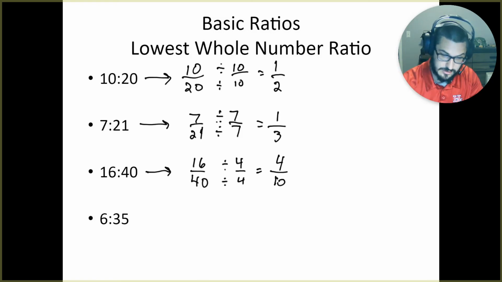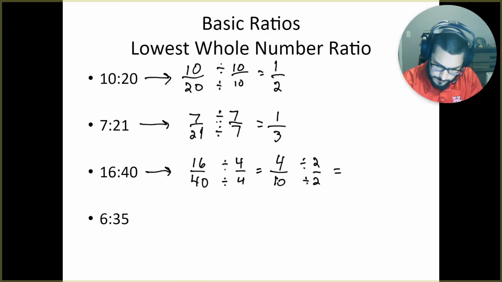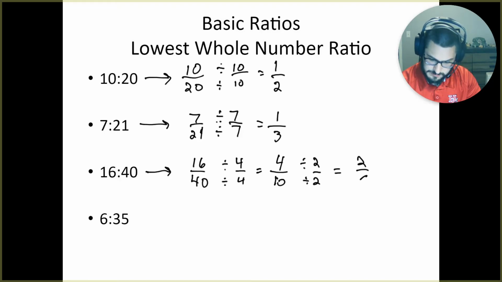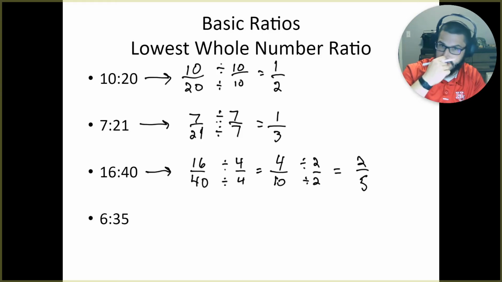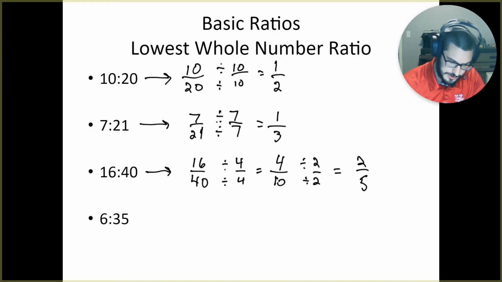And then now I see that I can still divide both of those by 2. So then divide by 2, divide by 2. And that'll give me 2/5. So definitely, if you see that you can divide by a number, go ahead and do that, and then see if you can divide by another number because you want the lowest whole number ratio.